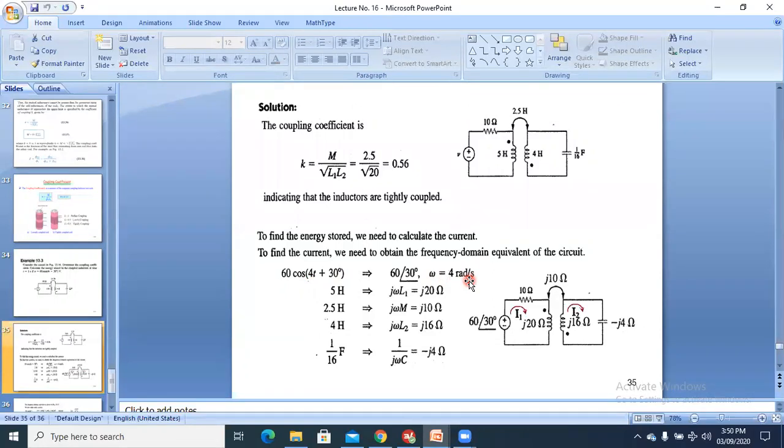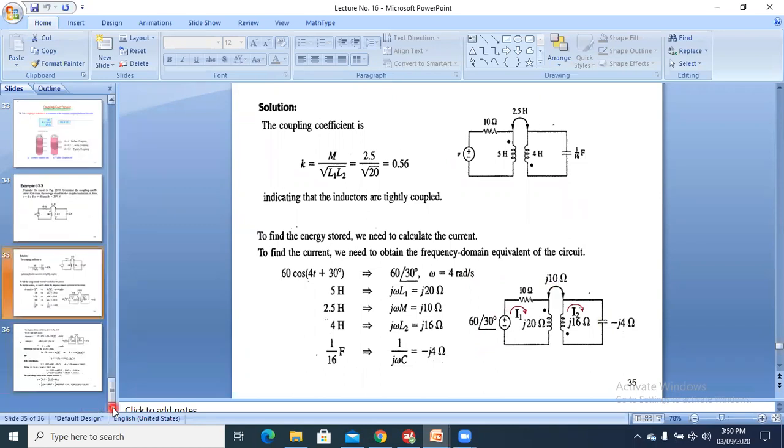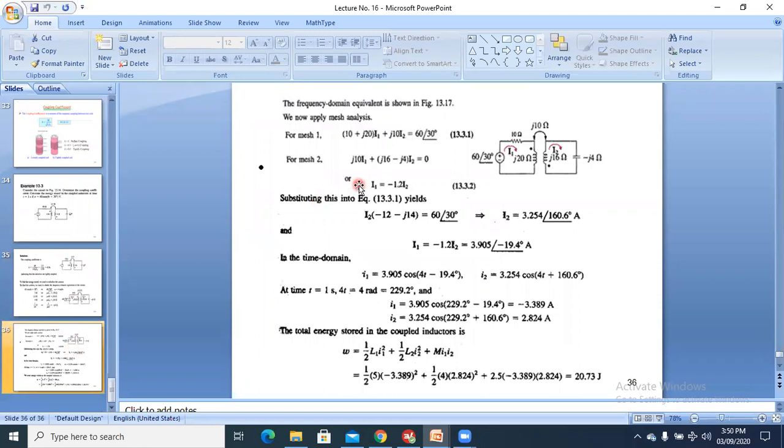With this value of omega, we transform the circuit into the phasor representation and we try to find the values of I1 and I2 first.